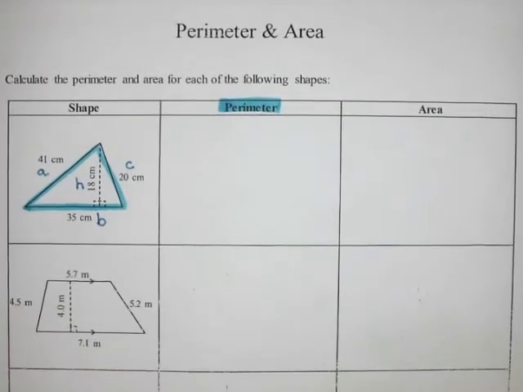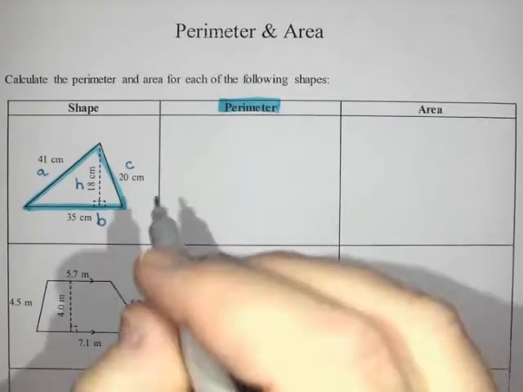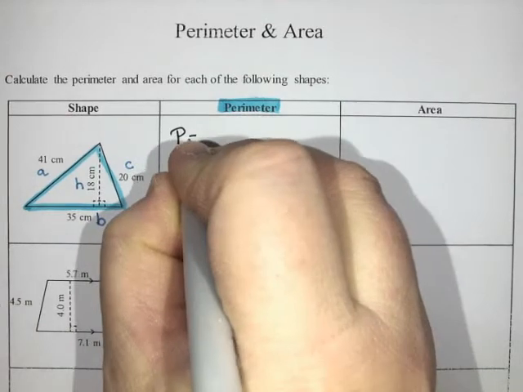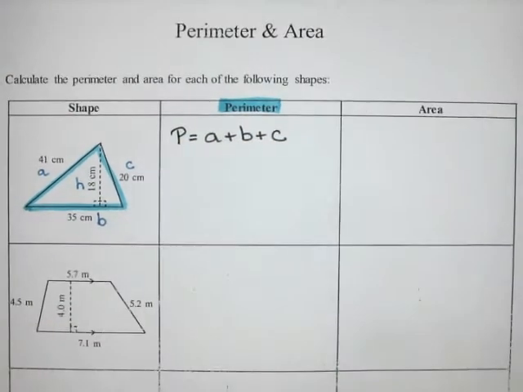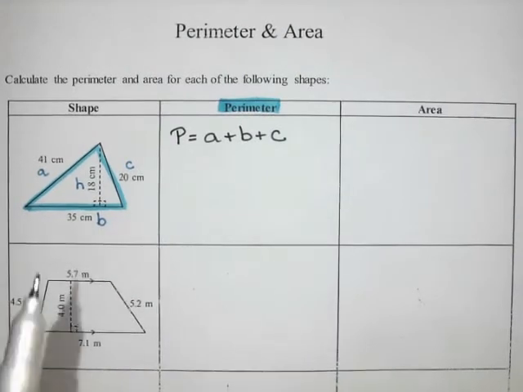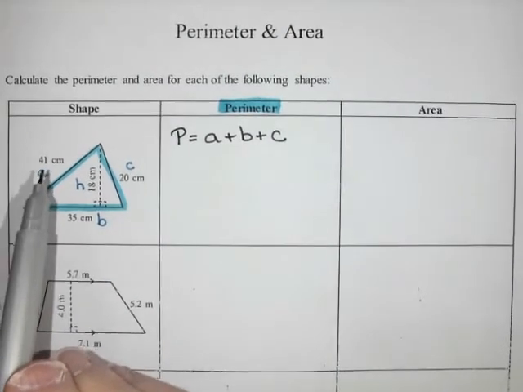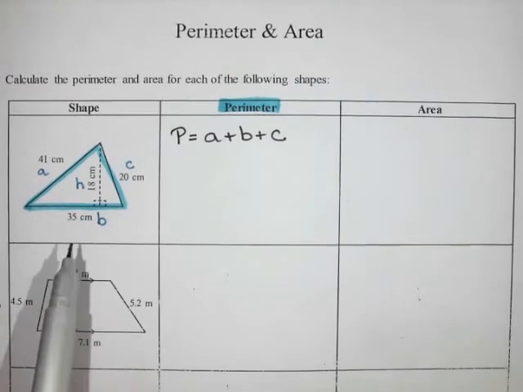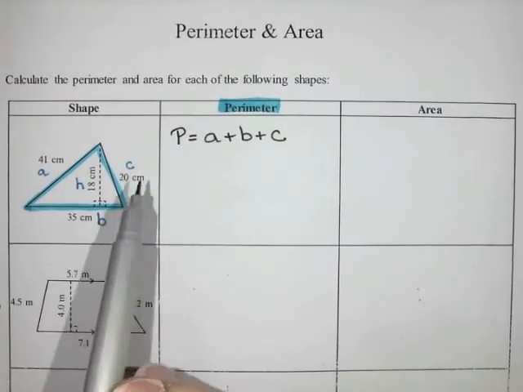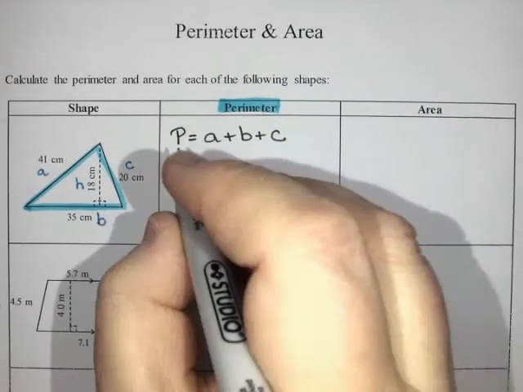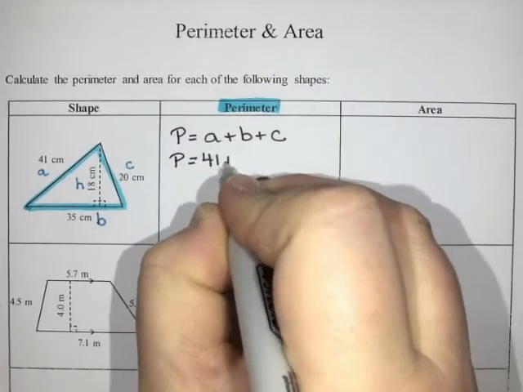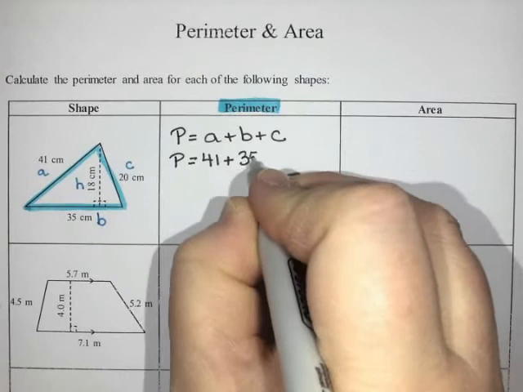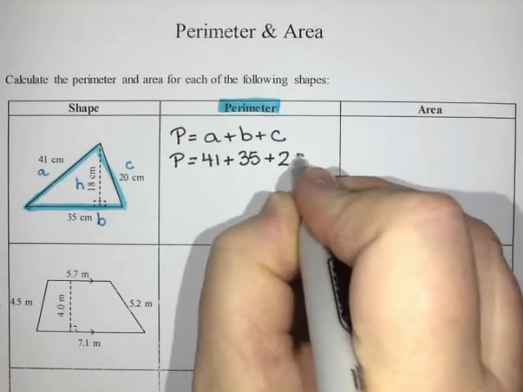So I'm going to start by writing down the formula. P, perimeter, equals A plus B plus C. And then we're going to take out A, B, and C and sub in their actual numbers. So I'm going to put 41 centimeters in for A, 35 centimeters in for B, and 20 centimeters in for C. So my perimeter equals 41 plus 35 plus 20.